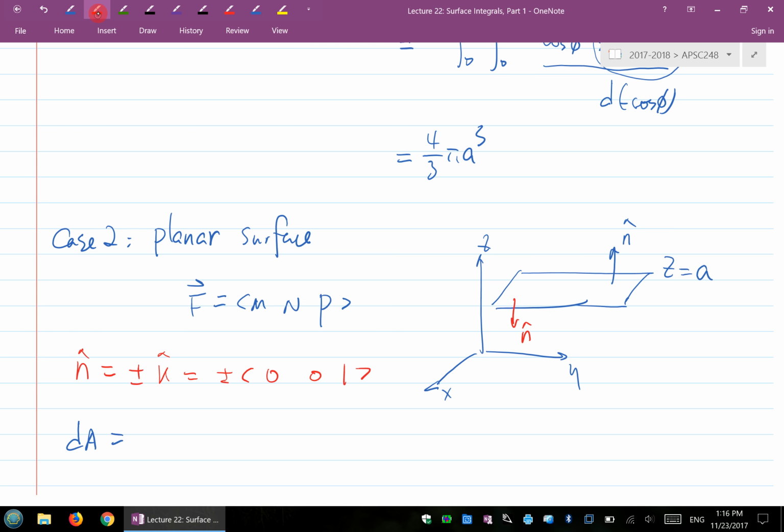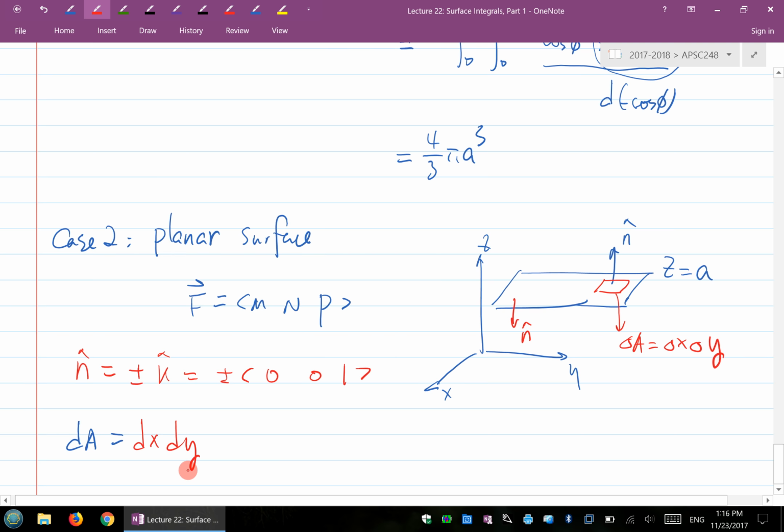How do we do that? In this case, because this is a planar surface, we will use Cartesian coordinates. You can construct a very small area here, let's call it delta A equal to delta x delta y. So the dA here is equal to dx dy.